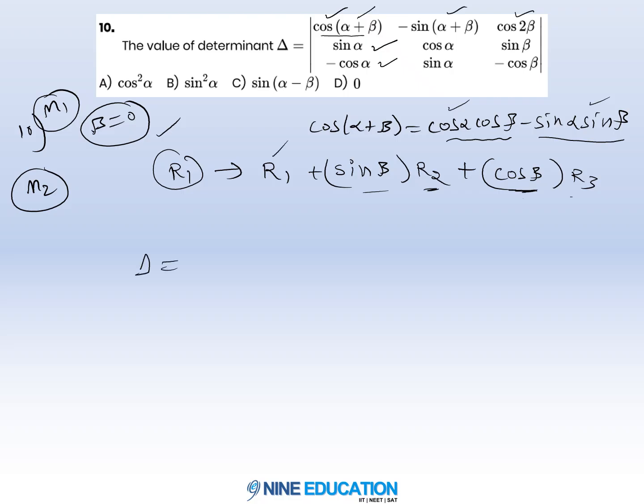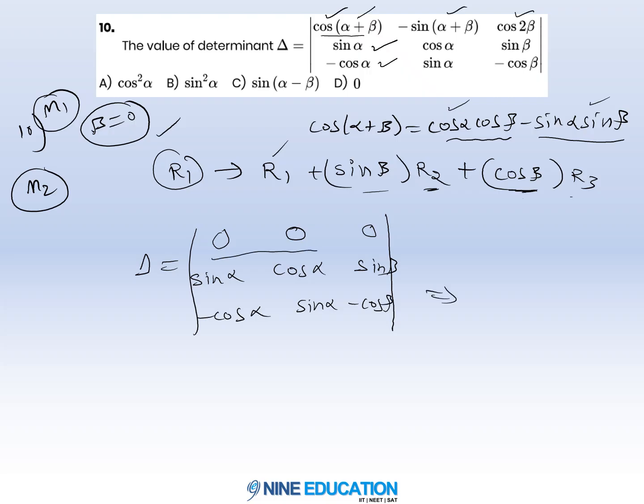That means we get 0 here. In the same way we get 0 for the row 1, column 2 element, and the same for the third as well. So the entire row 1 is 0, so the determinant will be 0. So it is option B.